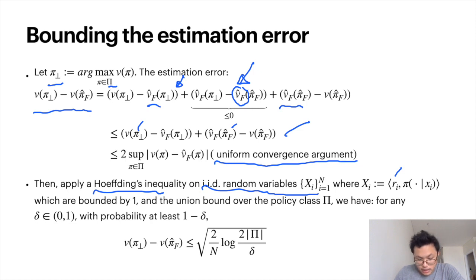This Si is bounded by 1, and now we also apply the uniform bound over the policy class Pi. So we have with high probability that the estimation error is bounded by this term.